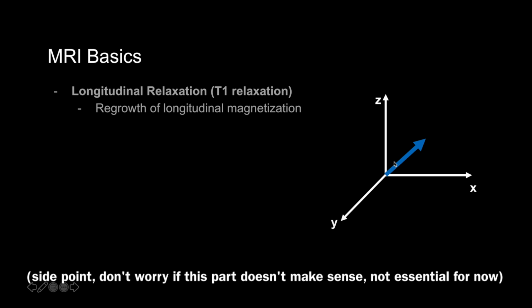This is important because, as we mentioned, we detect signal in the XY plane. So in order to detect differences in T1 relaxation, we need to allow them to relax at different rates in the z-axis and then apply an RF pulse and listen in the XY plane.